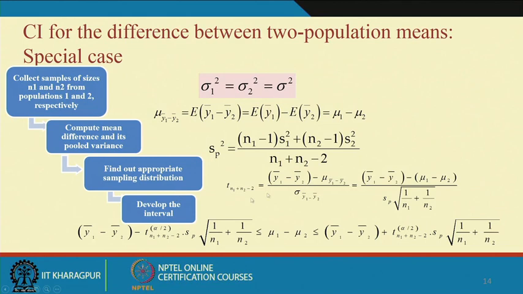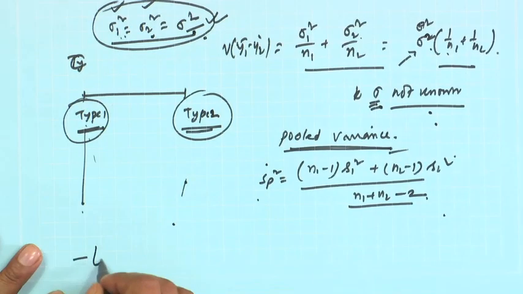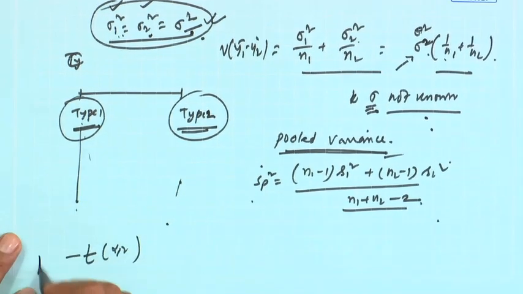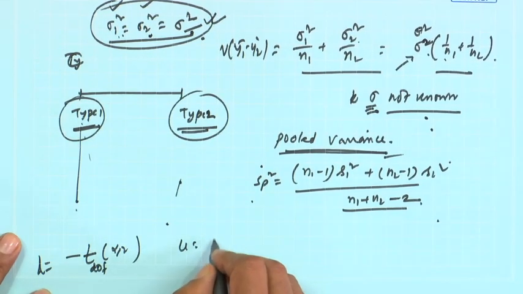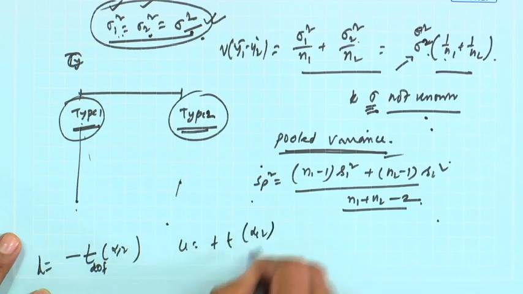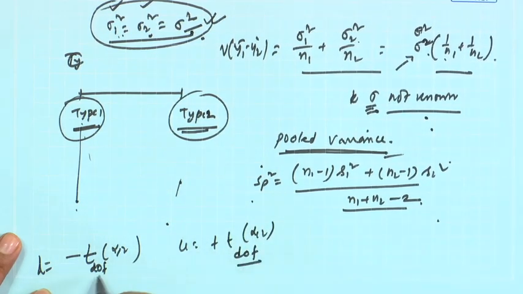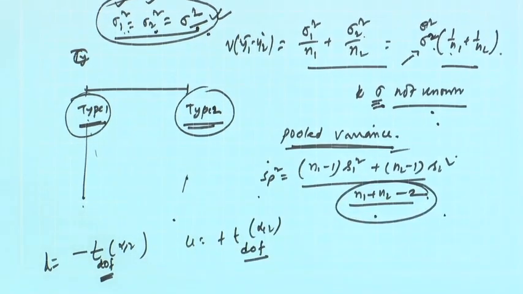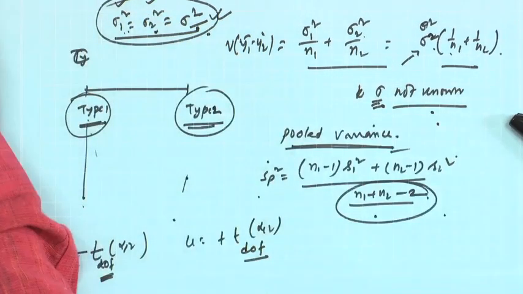Now see this slide. It is a t distribution case. So you know that minus t alpha by 2 is L, and u will be plus t alpha by 2 with DOF. Now, what will be the DOF in this case? The DOF in this case is n1 plus n2 minus 2. That is what is written here.